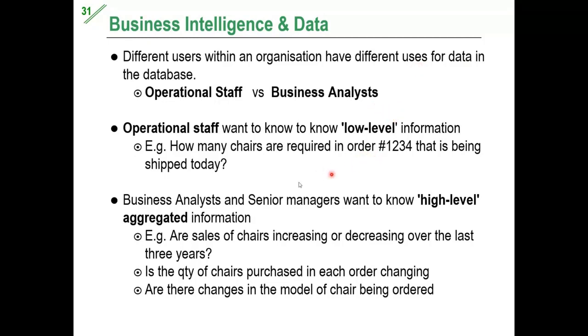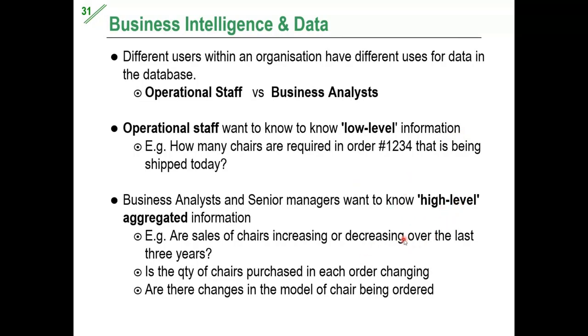Operation level staff just need daily operational information. For example, how many chairs we require for order number 1, 2, 3, 4 that is being shipped today. So that is a very granular level of detail, right?